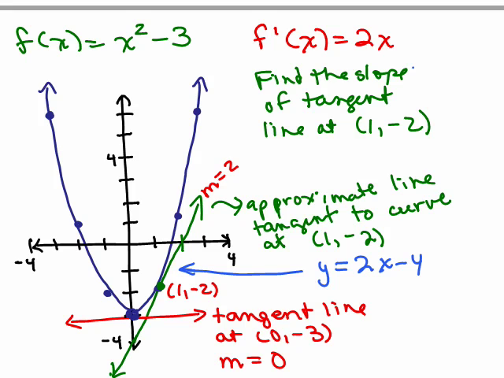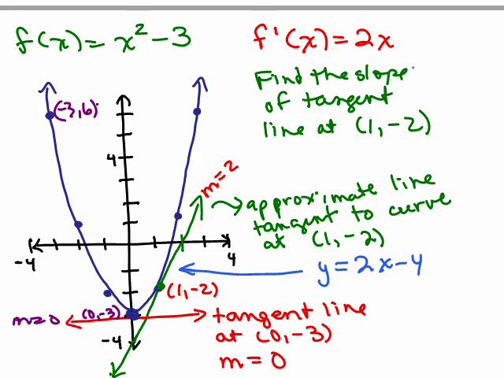How about this ordered pair down here? It was 0, negative 3. And here the x value is 0. If you plug in f prime of 0, you are going to get a slope of 0, which is what it looked like. Now, let's say we were going to do this point over here. This was negative 3, 6, and I want to know the slope of this line.